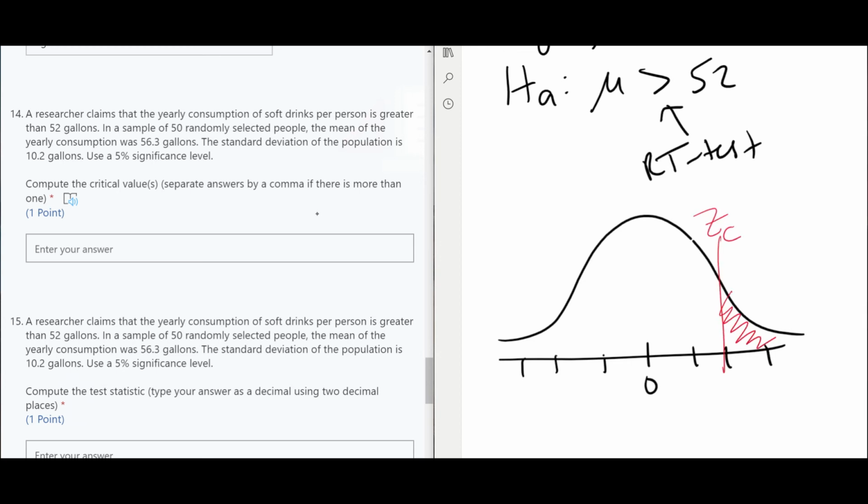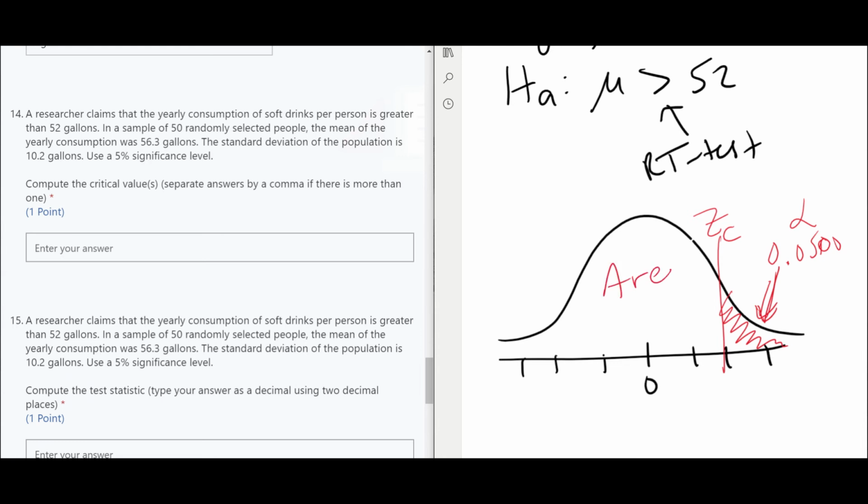The area to the right is given by my alpha, and my alpha is 5% significance. So this is 0.0500. Remember that the Z chart gives us the area to the left. So we want to find this area on the Z chart, which is going to be 1 minus alpha, which is 0.9500.